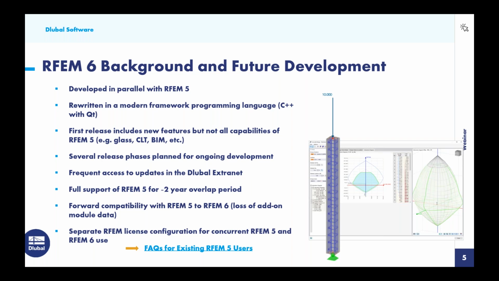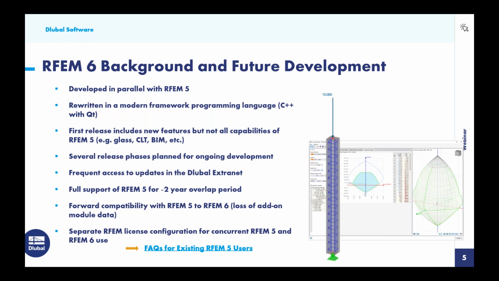What this also means is that you'll have frequent access to updates in the Dlubal extranet account. So for current customers with RFEM 6 and a valid service contract, we're coming out with these updates almost weekly now because development has been so heavy and rapid with this new generation.